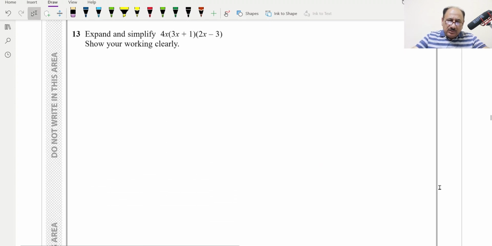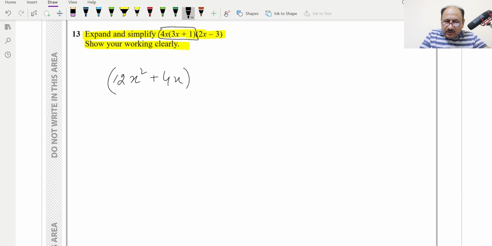Then question number 13, expand and simplify this one, show your working. For this one we will first solve the first portion. So 4x into 3x will be 12x squared, then 4x multiplied by plus 1 will be plus 4x, and then 2x minus 3.